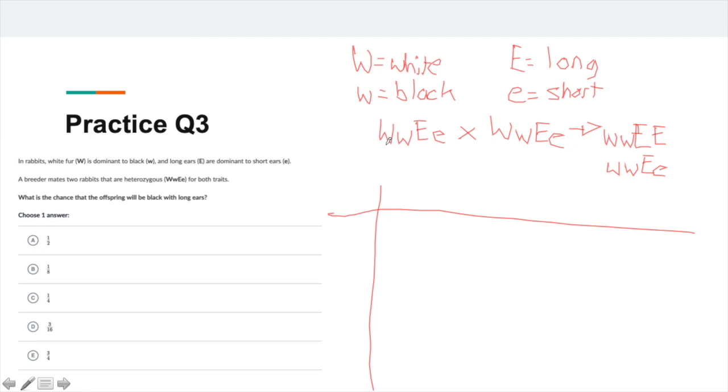So for example, for our top one, we're going to have this big W with this E. We're going to have the big W with the little e. We're going to have this with this, and then that with that.